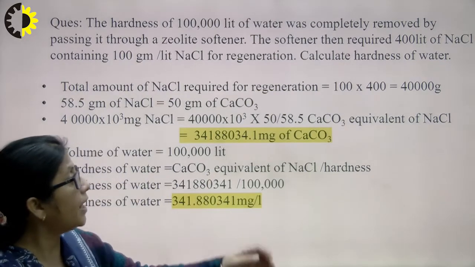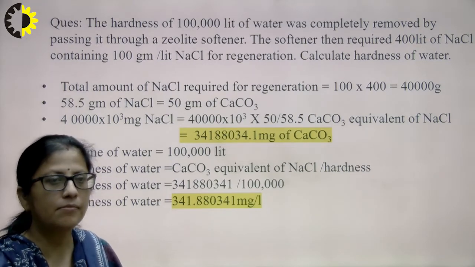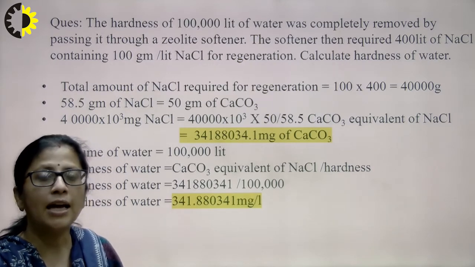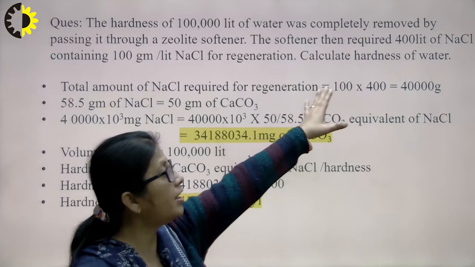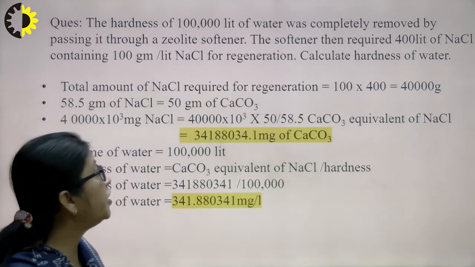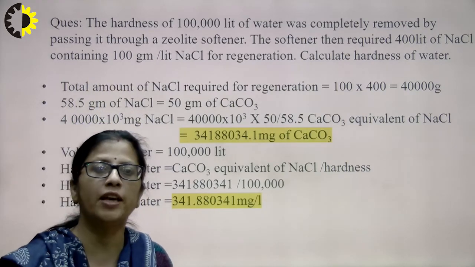The softener then required 400 liters of NaCl. So, for the regeneration of the zeolite softener, I had to pass 400 liters of NaCl solution, a brine solution, which contained 100 gram per liter of dissolved NaCl.